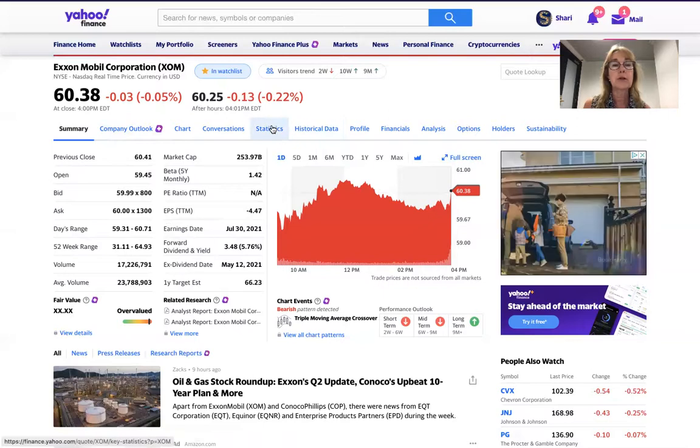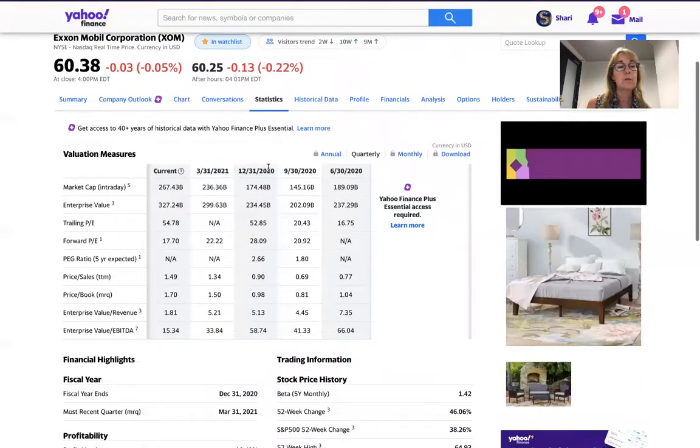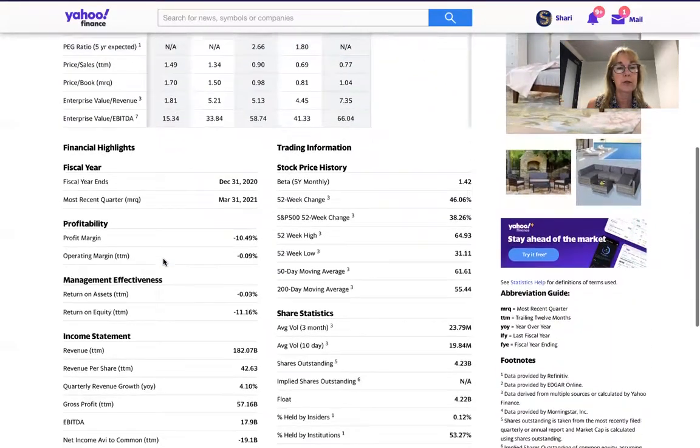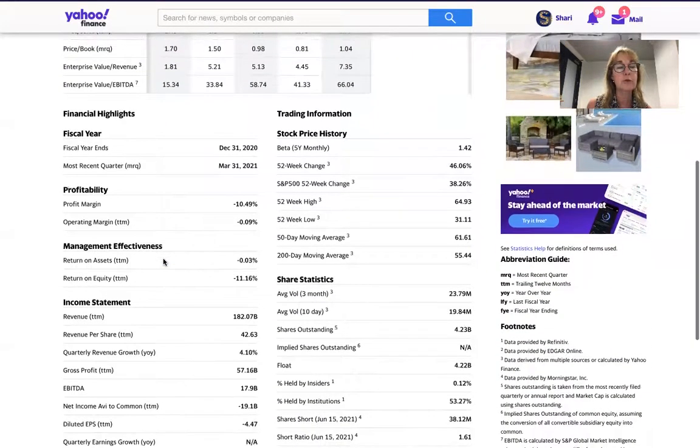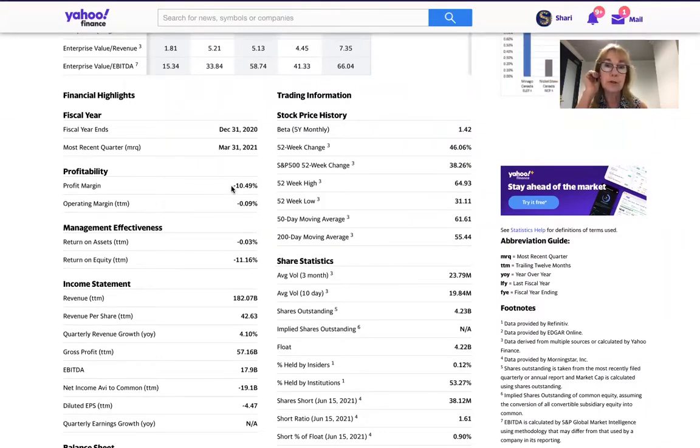Okay, let's take a look at the stats real quick for ExxonMobil. All right, so here's their PEG ratio. Well, they're not really a growth stock, so they're not dealing with the PEG ratio. That's only really for growth stocks, so don't worry about that. Profit margin is negative. So you can compare ExxonMobil to ConocoPhillips, ticker COP.